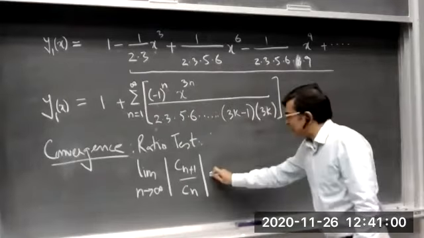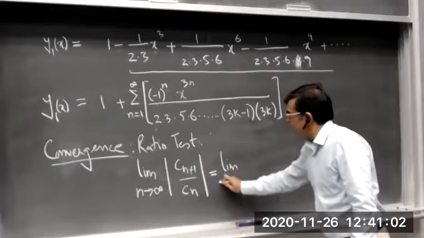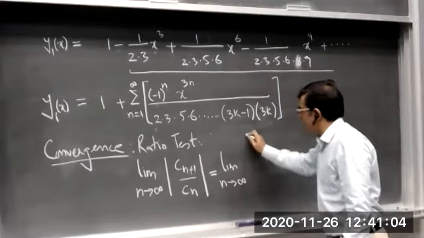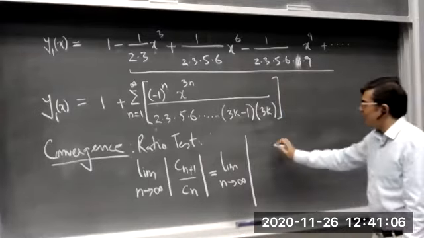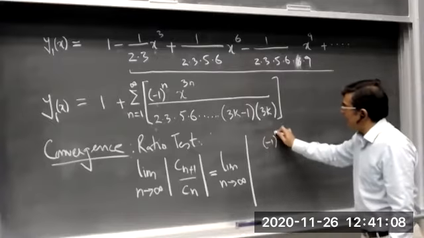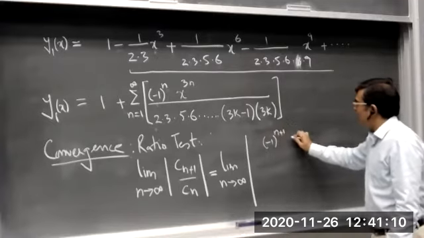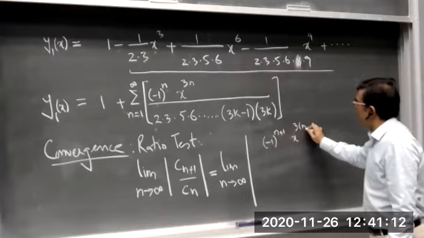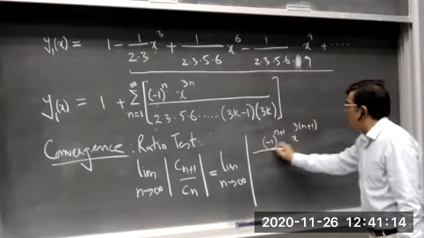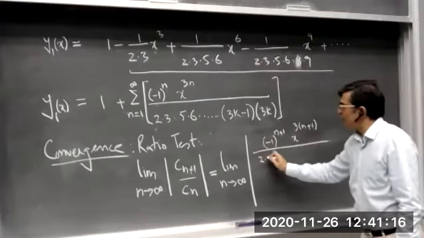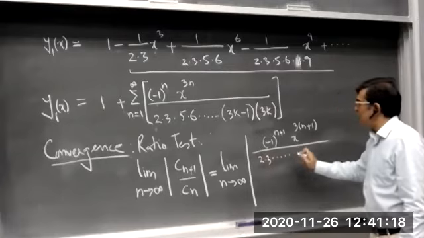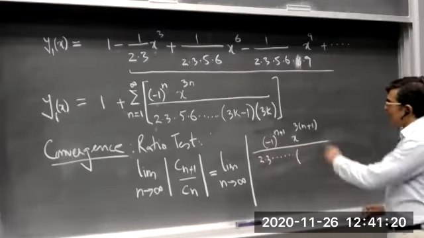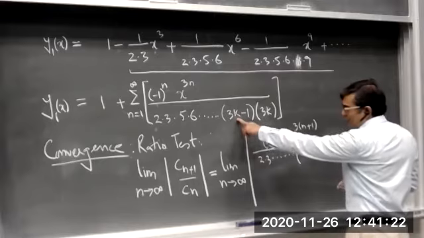Now, writing c_{n+1}: it will be (minus 1) raised to the power n plus 1, x raised to the power 3 into (n plus 1), whole divided by 2 into 3 into so on into, where you have to replace k by n plus 1.